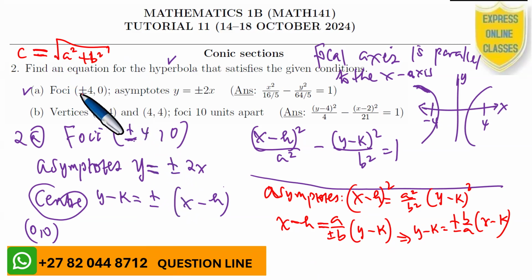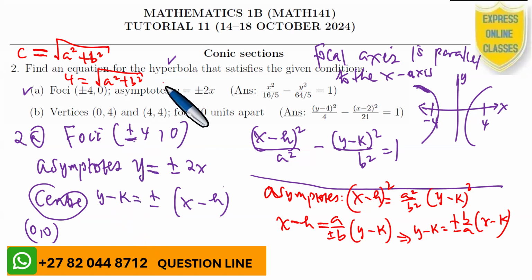And then your c is 4, plus or minus 4. It means you're going to have 4 equals the square root of a squared plus b squared. This sort of gives us an equation.